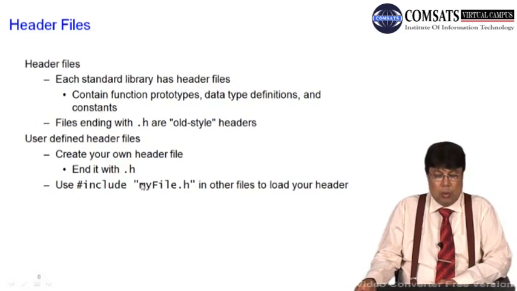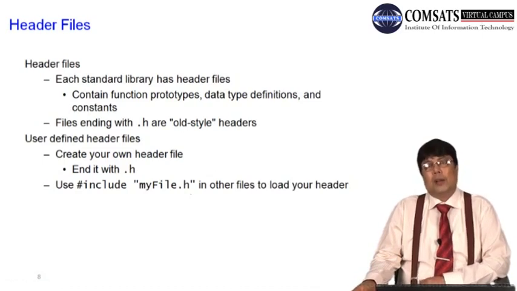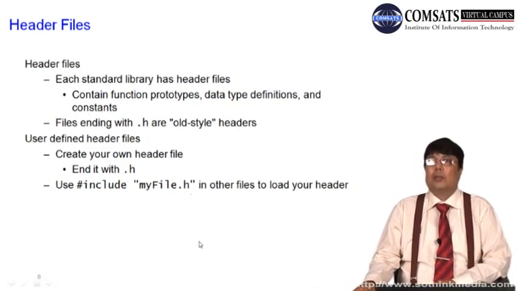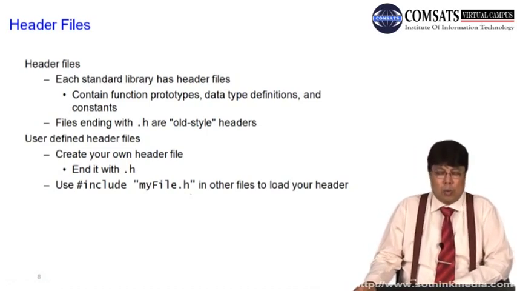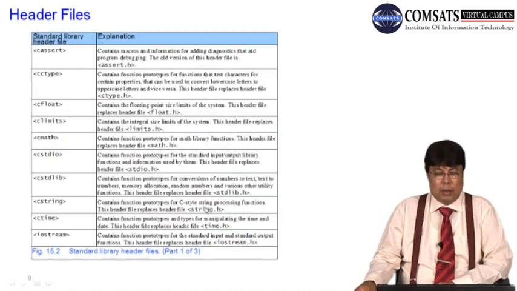We could use include and double quotes and then .h, but now there is a new style, where we use angle brackets and not double quotes. Also, if you are putting it in the default directory and you have defined the path of the header file, then you need not put .h. The system automatically assumes that you are going to include the header files.